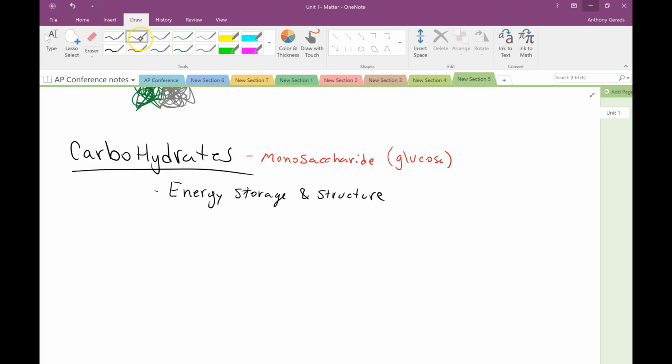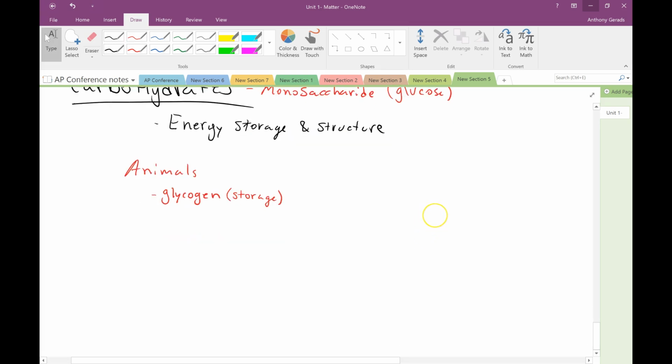Looking at some examples, in animals, I can have glycogen. That's going to be storage. If we have extra carbs, we're going to store it as glycogen. That way, if our blood sugar goes down, we can get into that and blood sugar can go back up. In animals, we have one for structure.